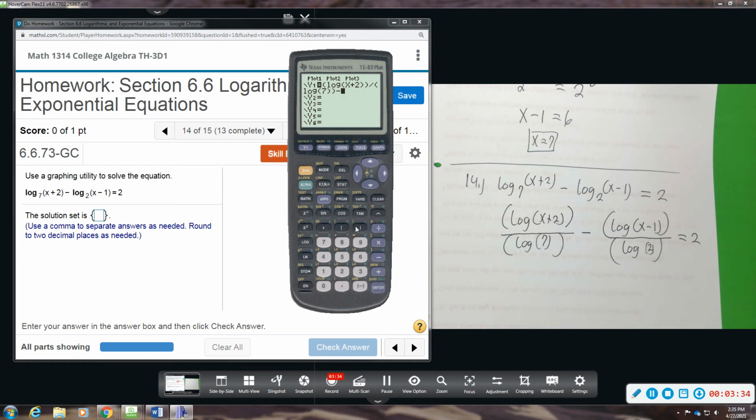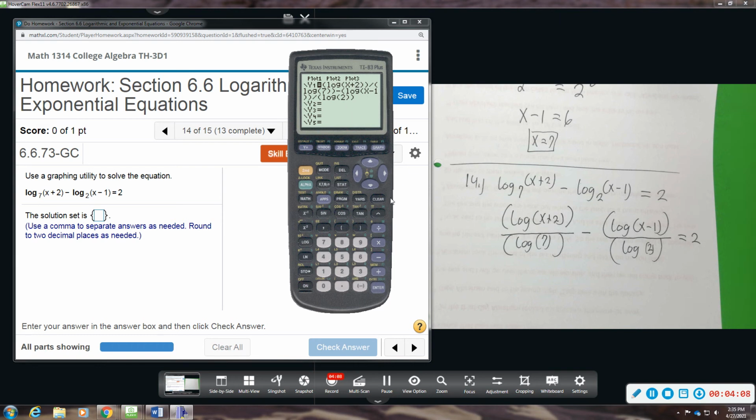And then I'm going to open it, log of x minus 1, close twice, so that ends the numerator, and then divided by, open parentheses, log of 2, close it twice. So notice my calculator does not give a base. It's understood base 10, and that's totally fine.